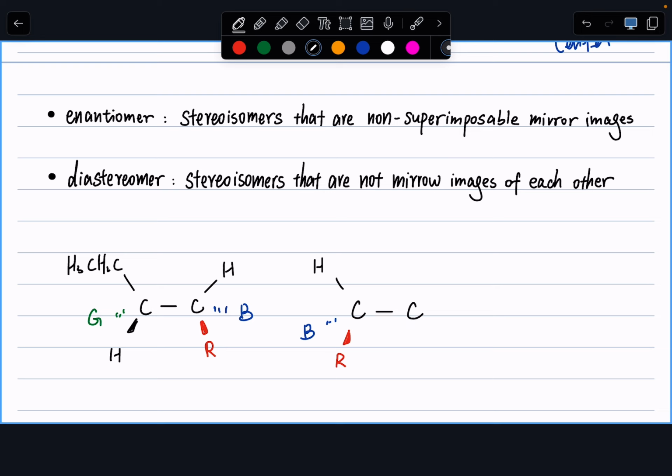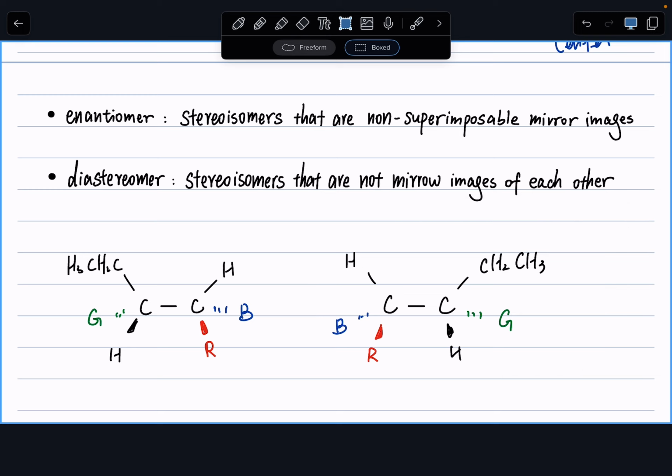On the other end, we have the hydrogen coming out, the green one on the bottom, and then an ethyl group on the same plane.